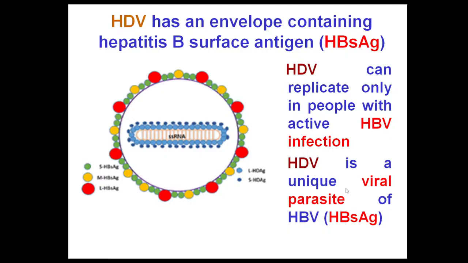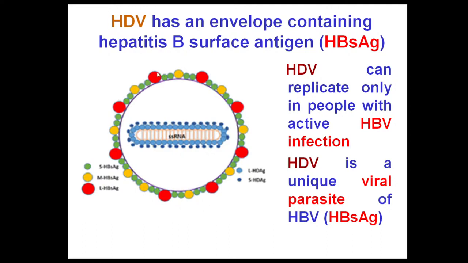It replicates only in people infected with hepatitis B infection because it is a parasite of hepatitis B, because it uses S, M, and L HBs antigens from hepatitis B to make the envelope.